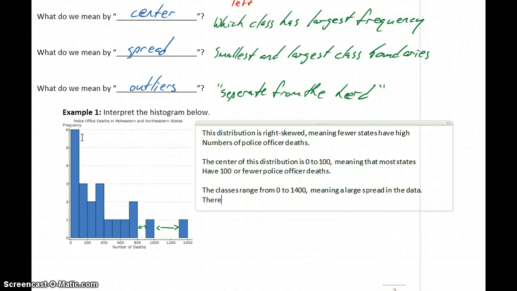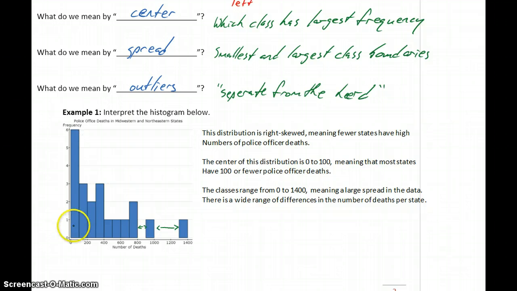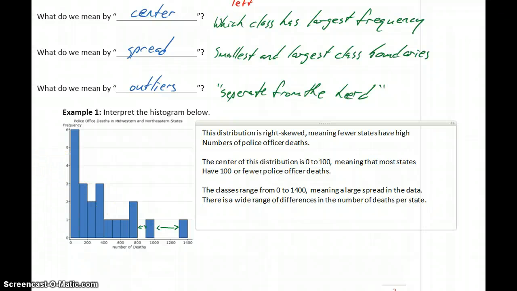What that means in the context of our data is there is a wide range of differences in the number of deaths per state. We can recognize from the graph that that spread is very large, but again, we want a statement telling us what that means in this context. In this context, we're talking about police officer deaths. So if there's a wide range, that means there's a lot of variety, some extreme differences between the smallest and largest number of police officer deaths.